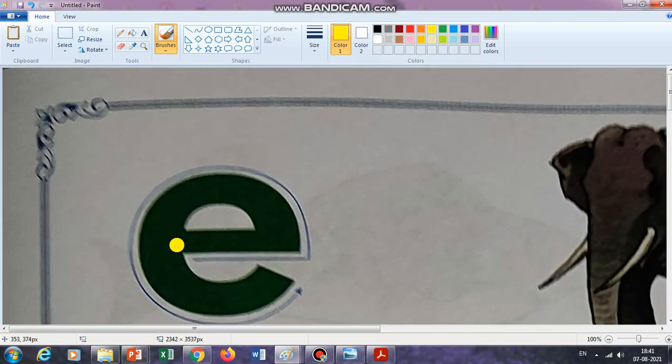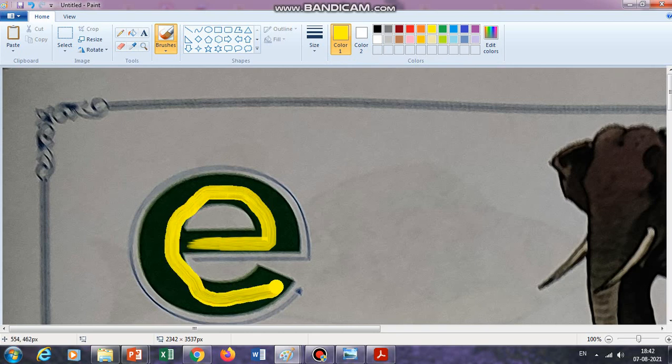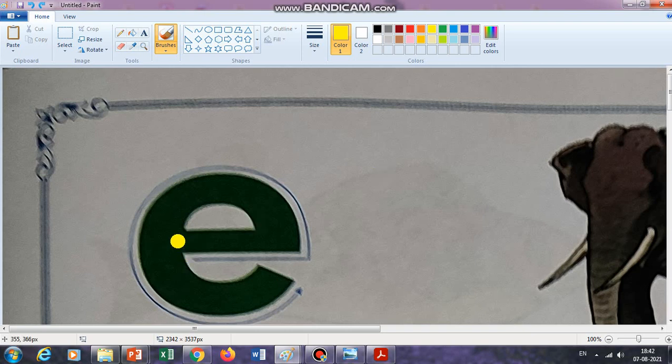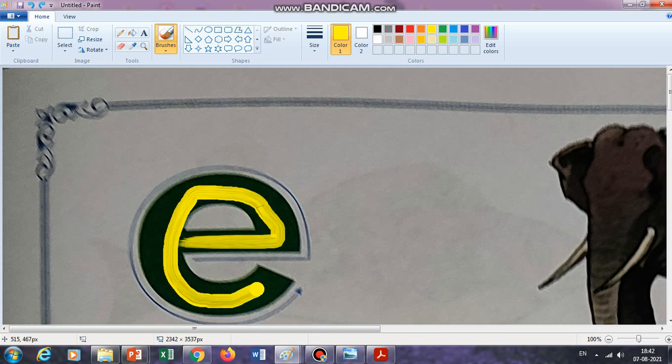Now let's write small e. For small e, as the formation shown here, you have to do like that. Sleeping line, go up and make a curve. Again, sleeping line, go up and curve joining the sleeping line.